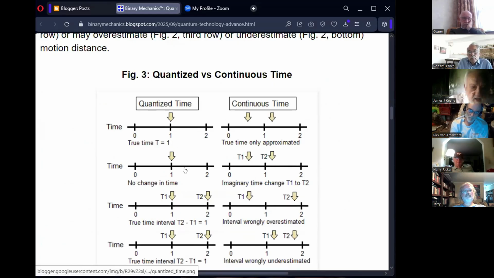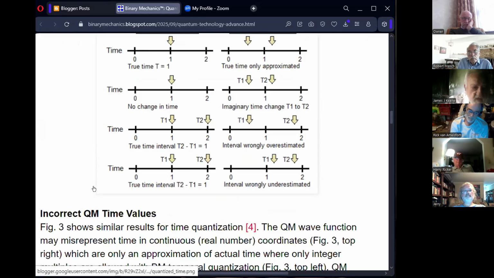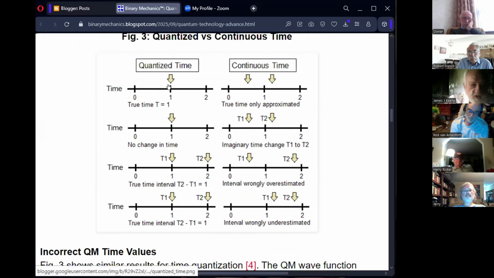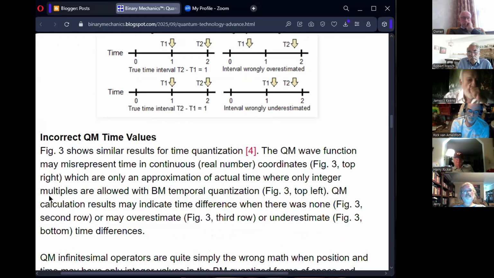And we can come back to this figure, but it shows basically what was shown above for space, but this time with inaccuracies with respect to when an event occurred. In other words, the quantized time versus continuous wave function time. In the text it is similar. Figure 3 shows similar results for time quantization.